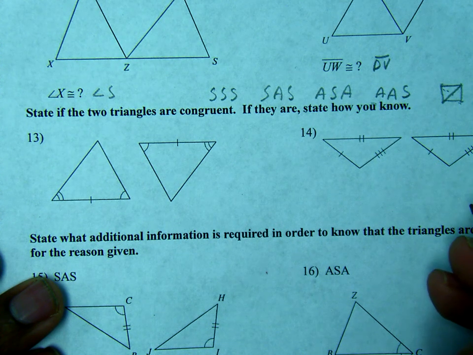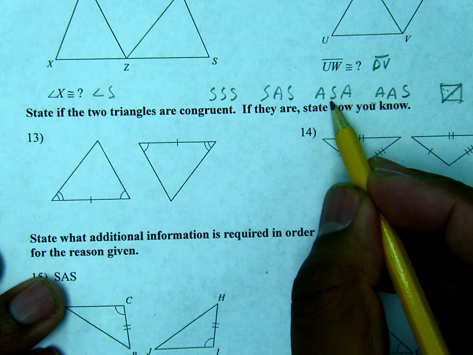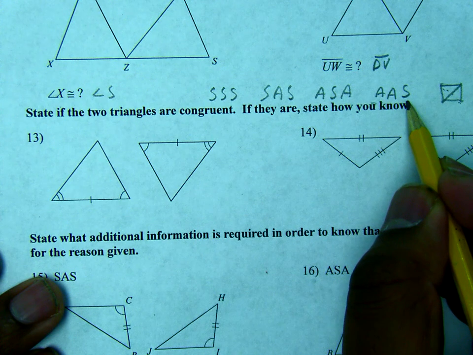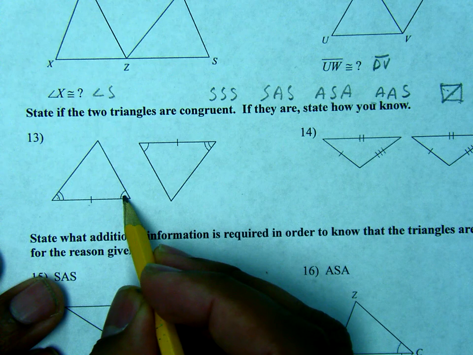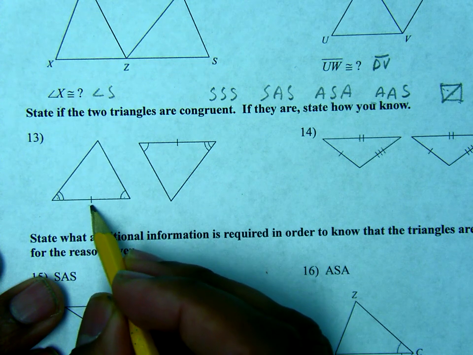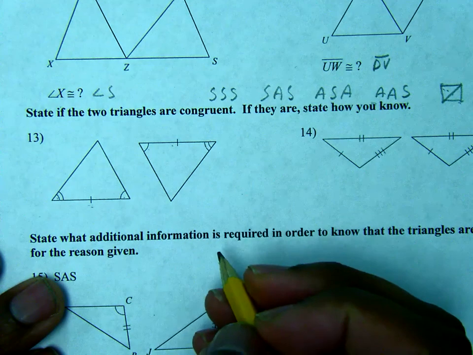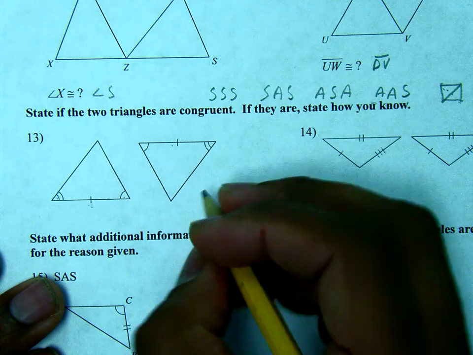And then the next thing you're going to check: on angle, side, angle, the side has to be in between. And on angle, angle, side, the side has to be not in between the two angles. So as I go in order here, angle, side, angle, the side here is in between. Same thing here. So since both of them match that way, this is going to be angle, side, angle.